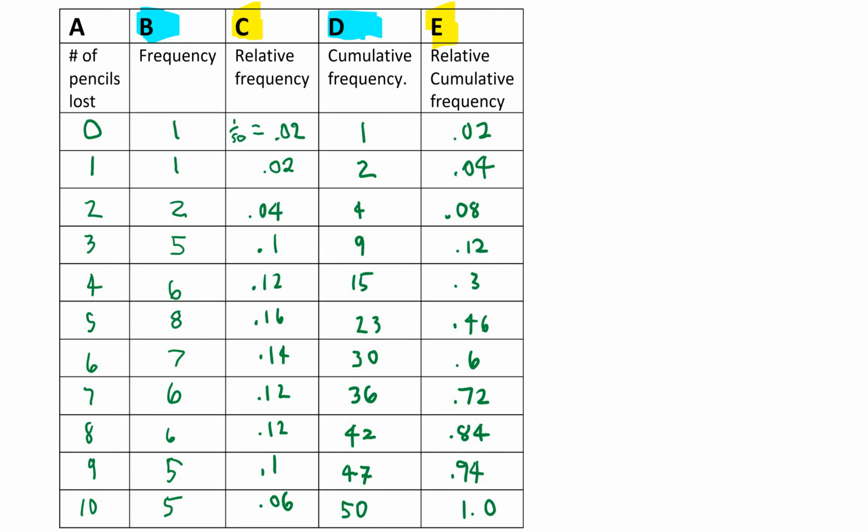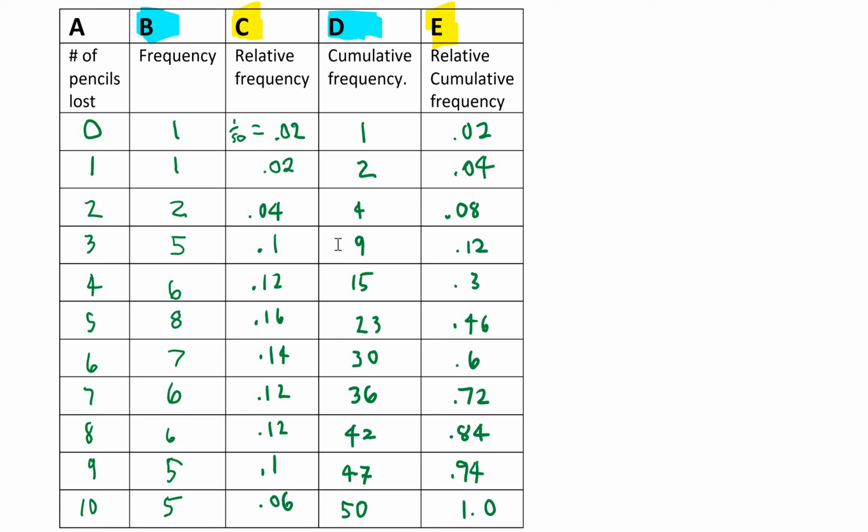All right, hopefully you did that work on your own, and you now have a table that looks like this. So take a moment, check to make sure that all of your values match. But you can see, for example, here in row 3, 3 pencils were lost 5 times. And if I do the relative frequency, that's 5 over 50 or 0.1.